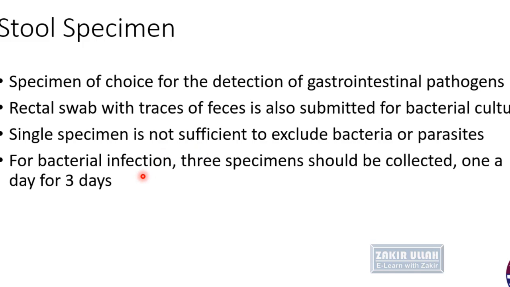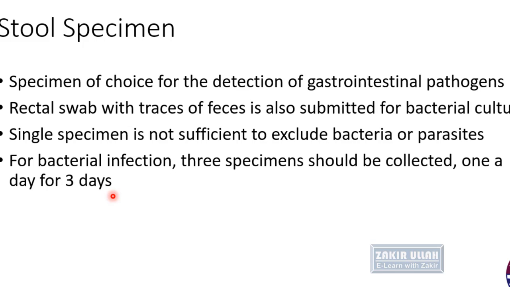For bacterial infection, 3 specimens should be collected, 1 a day for 3 days. If we are suspecting a bacterial infection in the gastrointestinal tract, just like in the case of sputum where we examined 3 specimens on 3 consecutive days, the same applies here.